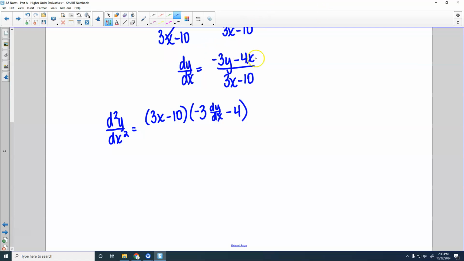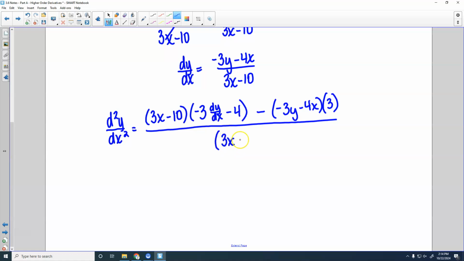We're taking the derivative of that top part. Minus negative 3y minus 4x times the derivative of 3x minus 10. That's just going to be 3, over 3x minus 10 squared.